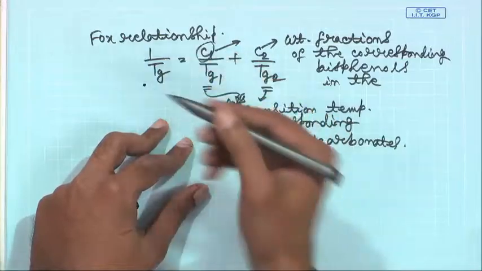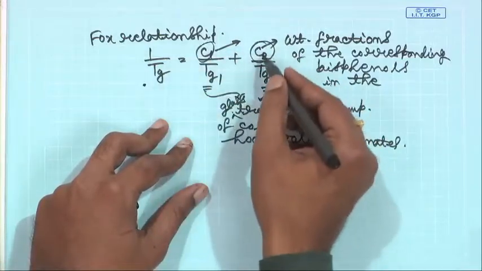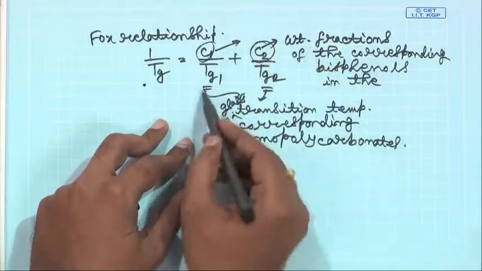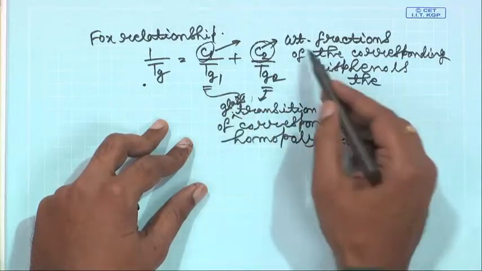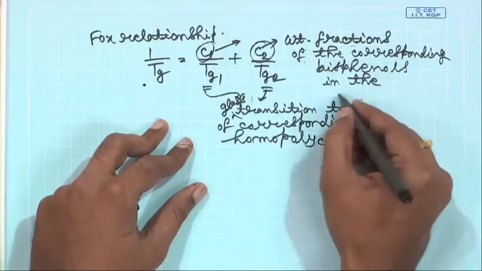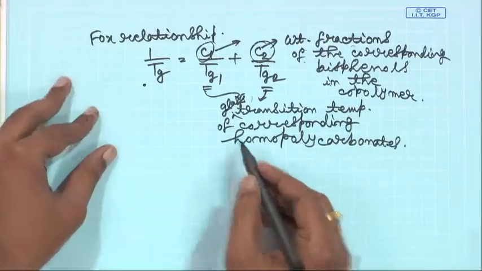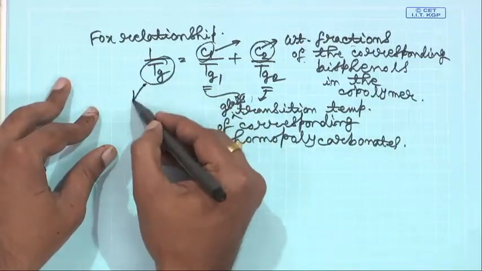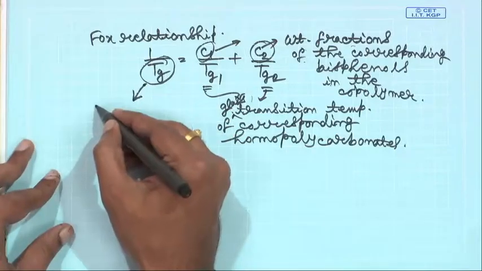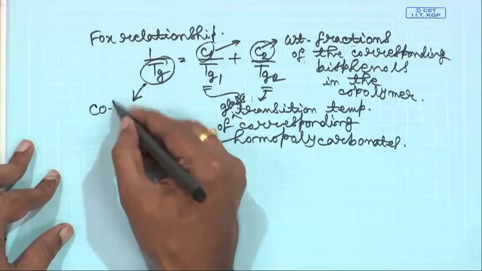So, this may be bisphenol A, this may be the bisphenol trimethyl cyclohexane, and this is the corresponding glass transition temperature of the homopolymers. So, weight fractions of the corresponding bisphenols in the copolymer, and then this Tg is basically the Tg of your copolycarbonate. This is how you can get your Tg, copolycarbonate.